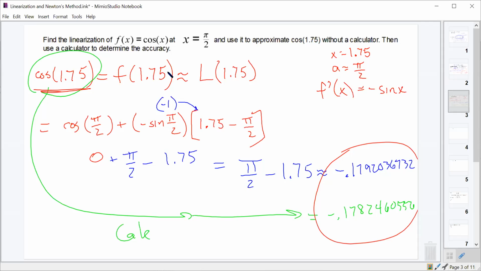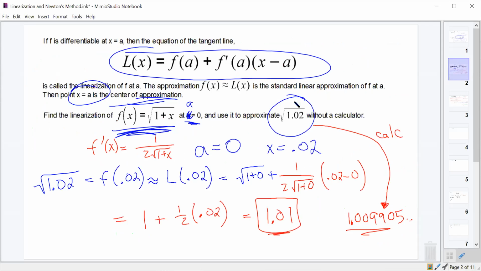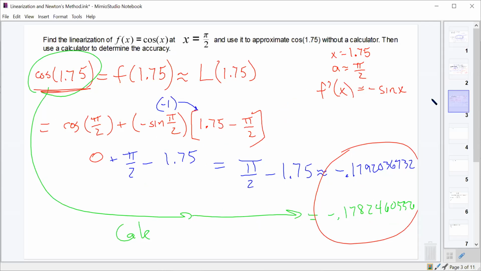Okay, got it. And what's the difference between pi/2 and 1.75? This last one that we did, we differed by 2/100ths, and we got a value that was pretty darn good. Even here, we were fairly far away. The difference between pi/2 and 1.75 is about 7/100ths. That's a lot more than 2/100ths, but we were still only off by 1/1000th from the actual value, which is pretty good, I would say.